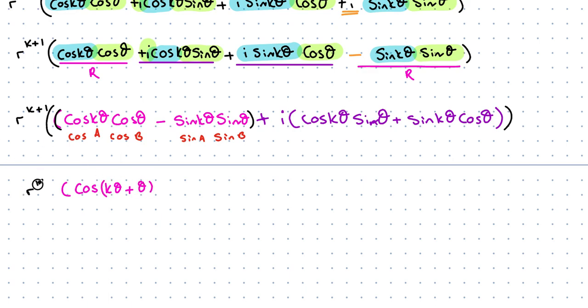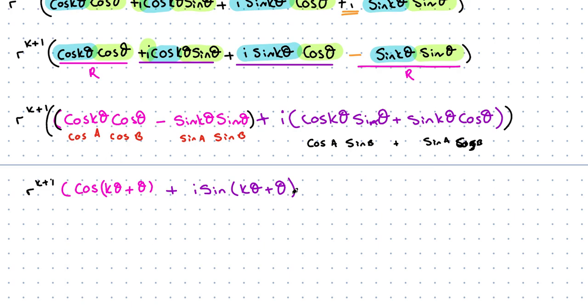You can apply the exact same thing to the next part over here, where this is going to be cos of A, sine of B, and sine of A, cos of B. If you look at page 14, directly under cos of A plus B, we've got sine of A plus B, which is cos of B, sine of A, and cos of A, sine of B. Those are commutative, so this can all be replaced with plus i, let's not forget our i, sine of k theta plus theta.